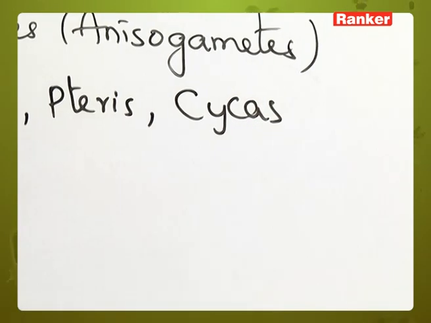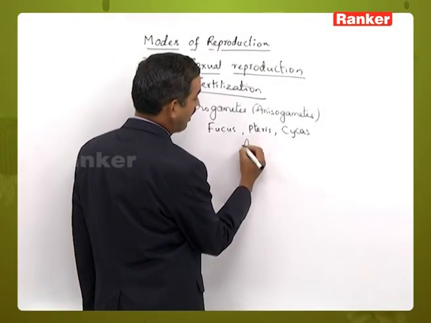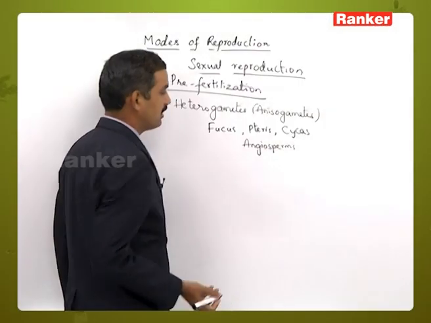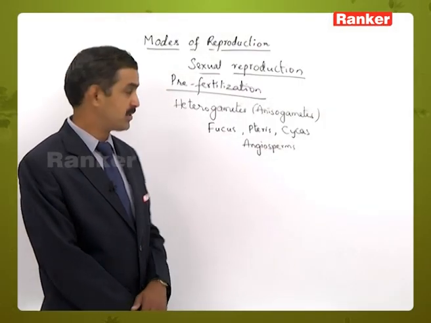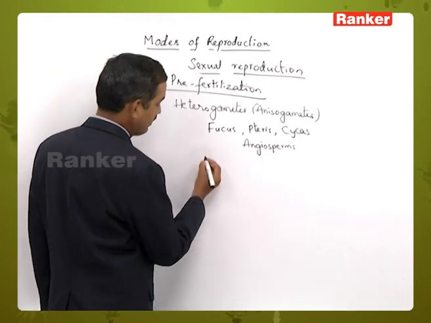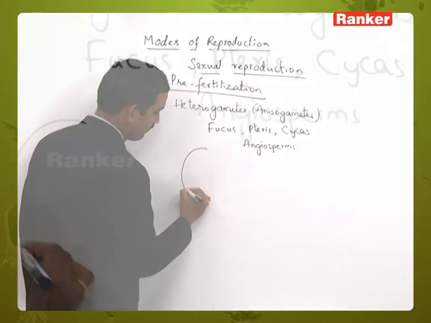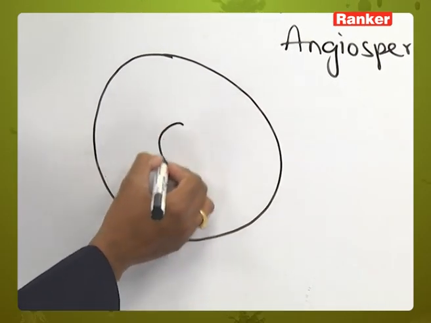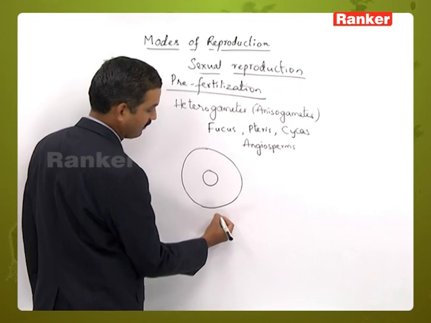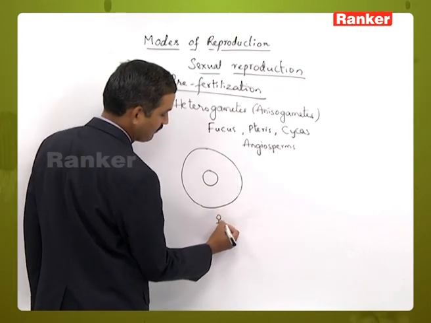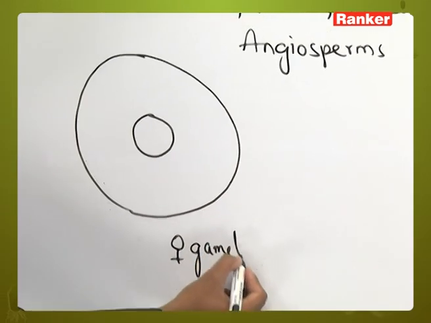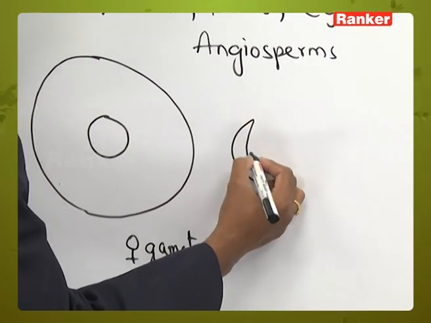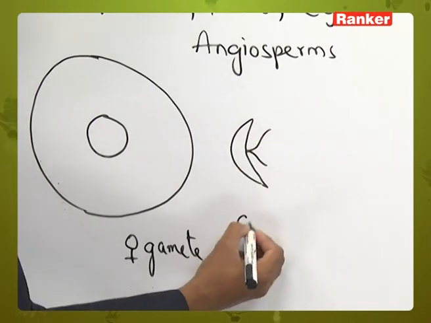Cycas, and in higher plants also. This can be observed in almost all the angiosperms, gymnosperms and pteridosperms. And here, if you take the example, this is an egg cell which is non-motile, that is a female gamete, whereas a male gamete will be smaller in size and it is motile, containing flagella-like structures.